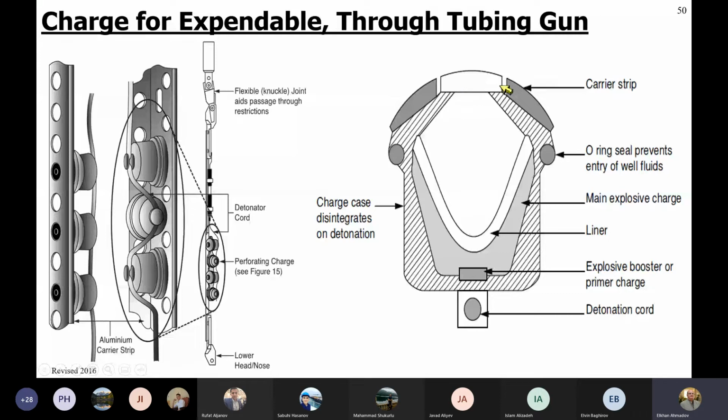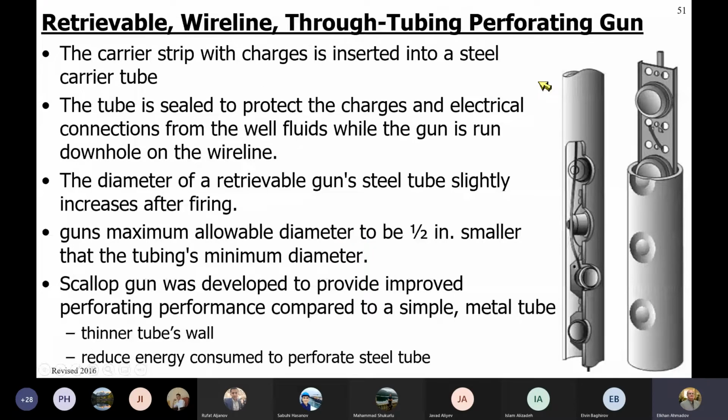Retrievable wireline through tubing perforating guns, as we said, are run into the hole in a steel carrier tube. It is sealed to protect the charge and electrical connection from the well fluids.